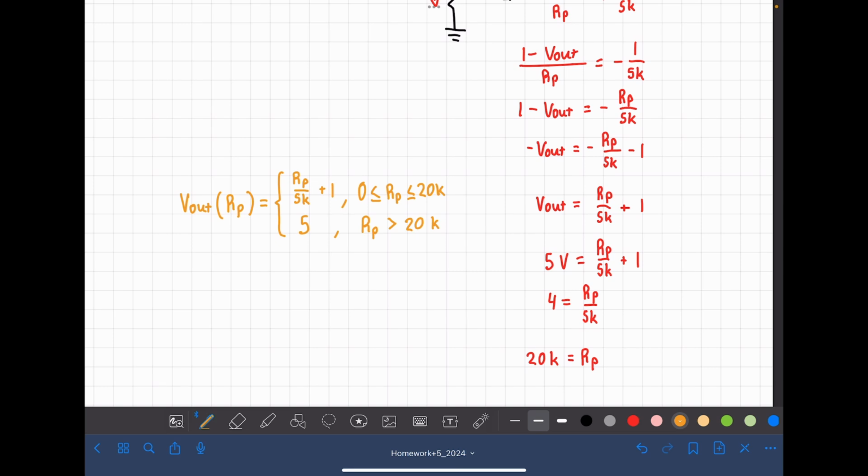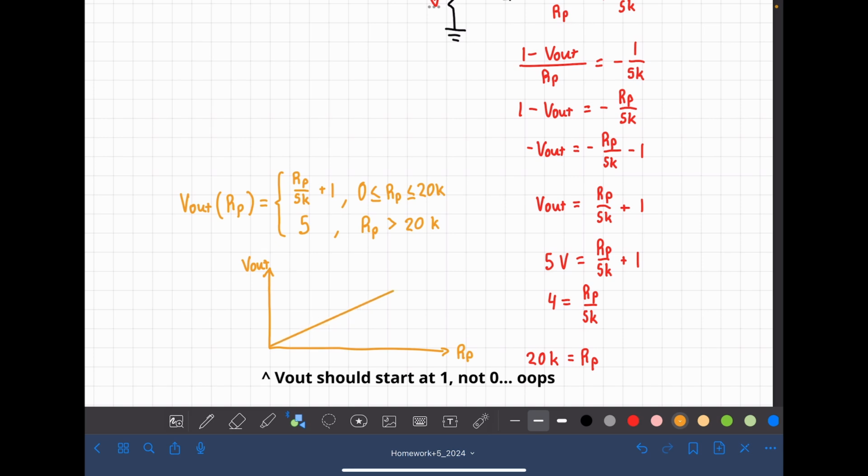So if we were to graph this, V out as a function of Rp, we would be increasing V out by increasing our Rp. It's a positive relationship.